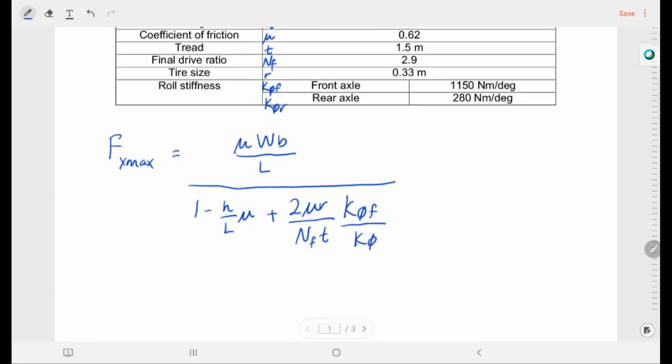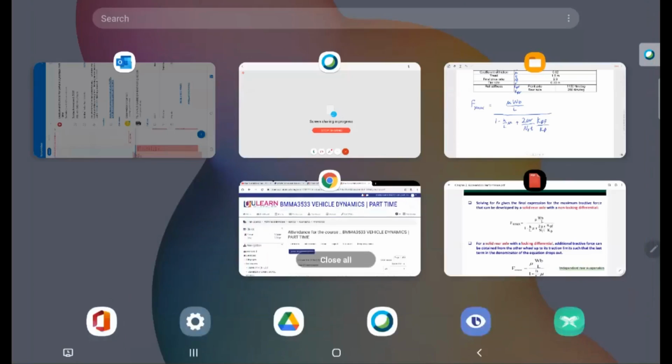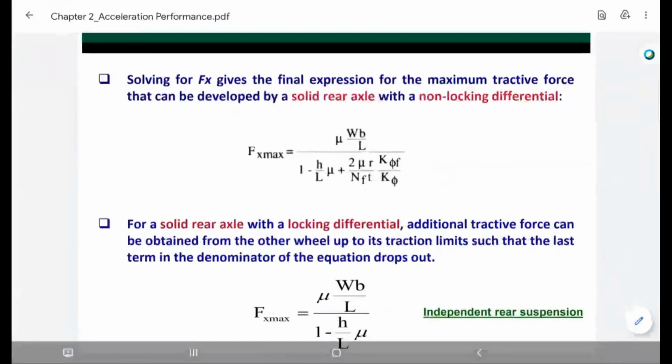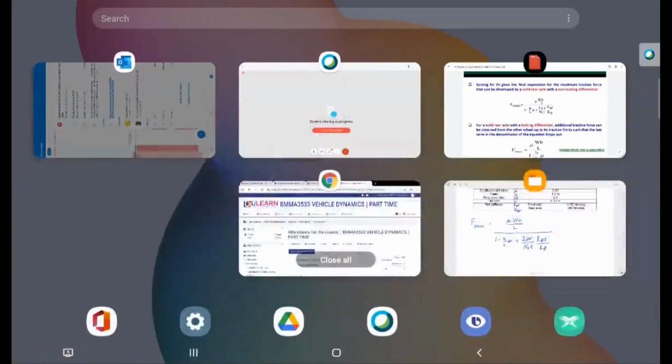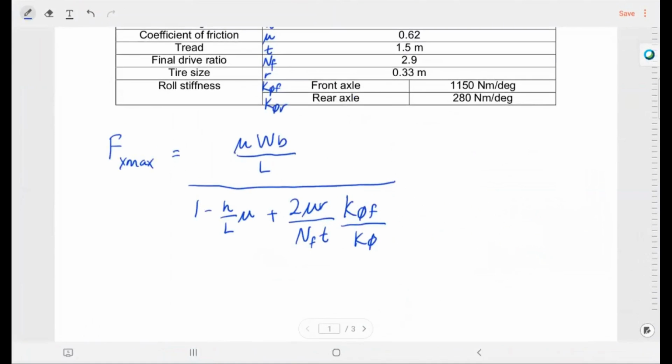Okay, let me check again. Betul tak dia punya tu? Okay, betul. This is for non-locking via solid axle and non-locking punya differential.